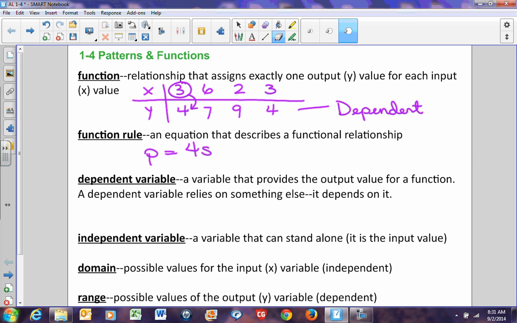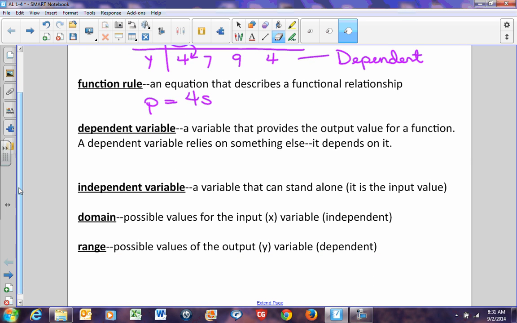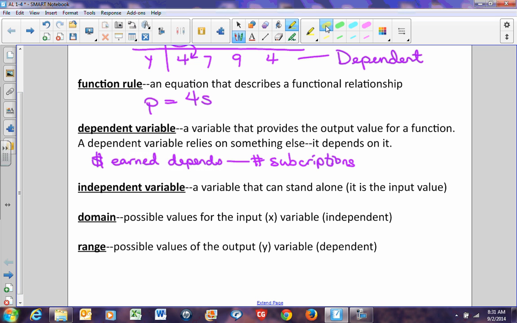For example, if I sell magazine subscriptions, the money I earn depends on the number of subscriptions I sell. Therefore, money earned is dependent.